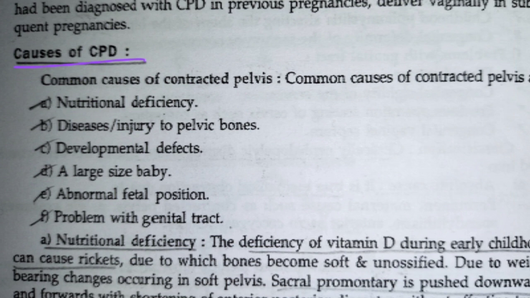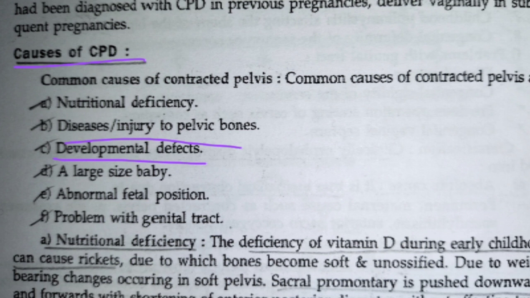Next, disease or injury to the pelvic bone. Diseases like arthritis, tumor or polio, and injuries like fractures can lead to this condition. Next, developmental defect. A developmental defect can be a high or low asymmetric pelvis.